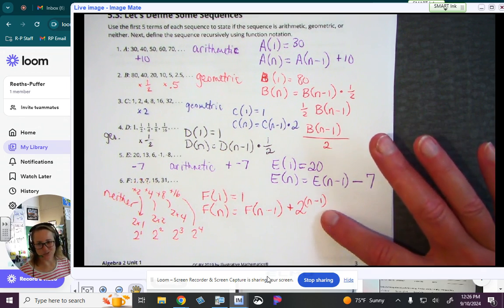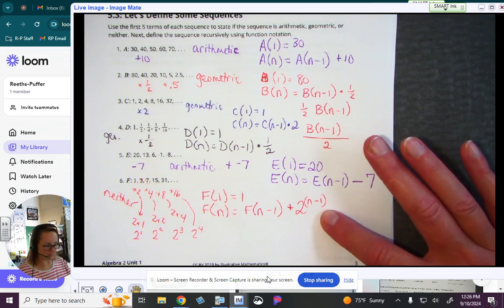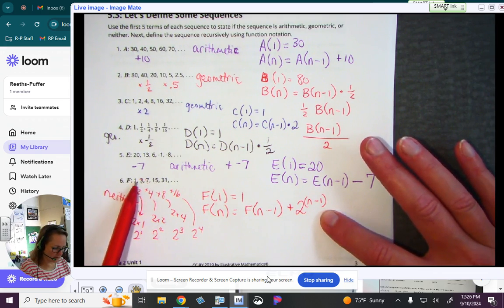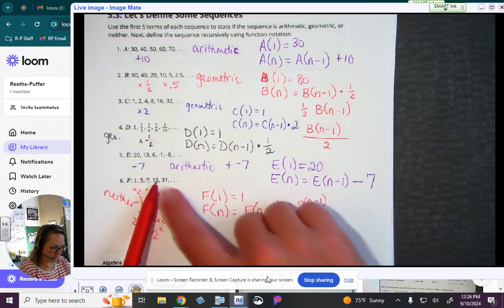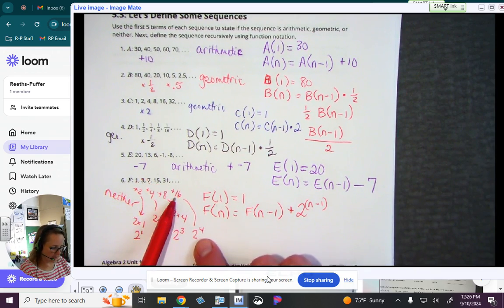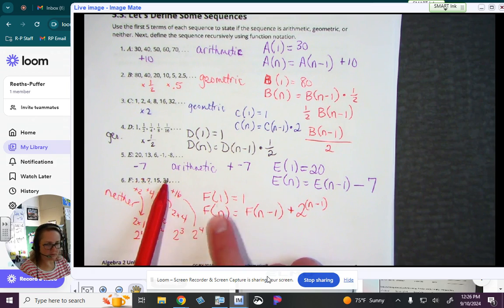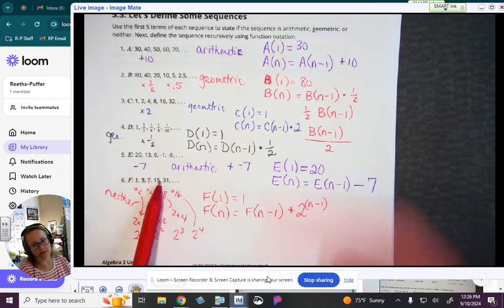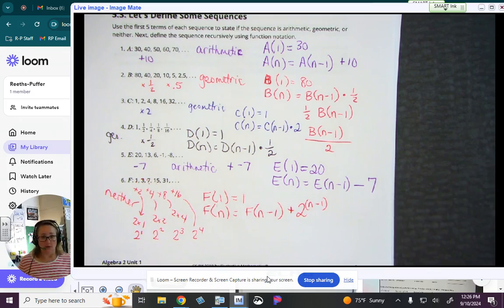That one's really complex. But we can see that to get to the 4th power, we had to add 2 to the 4th power to get to the 5th. So to find each term, we need to multiply it by 2 to the... My brain's hurting. All right.